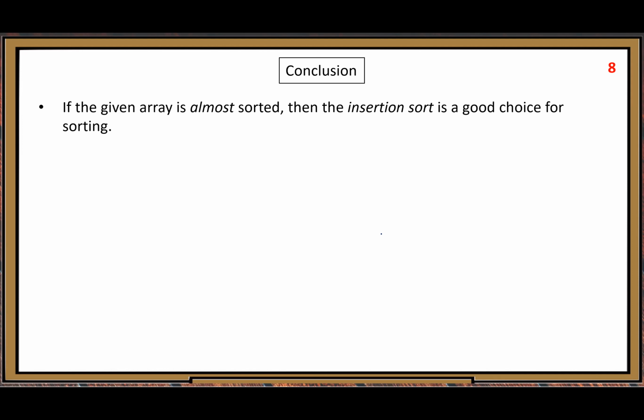If the given array is almost sorted. In real world applications, sometimes we have data not completely sorted, but almost sorted, with some scattered locations where the data is not sorted.